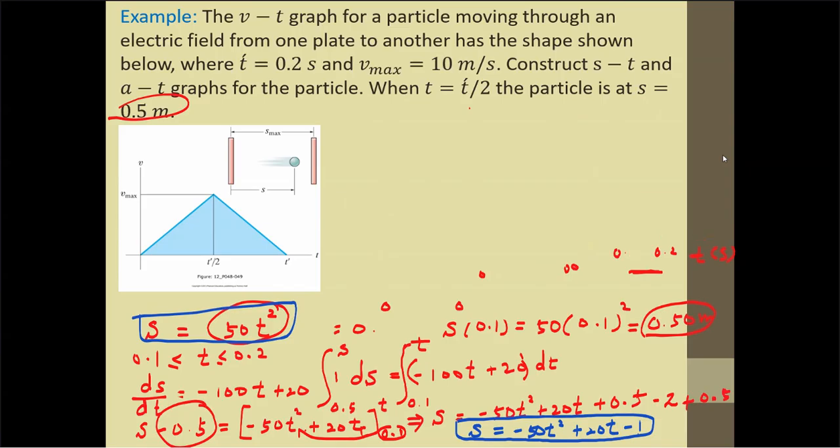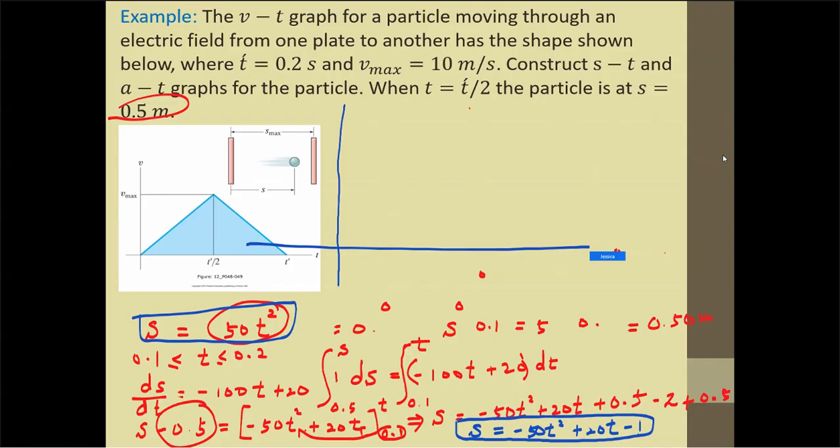Okay, a little bit of delay time for the iPad. Okay, then S, T for second, S in meters.